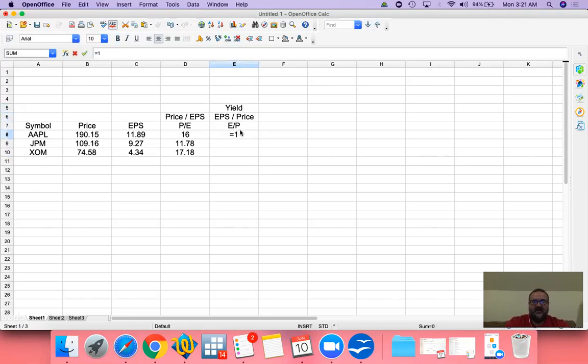Now, if we take 1 over the 16, which gives you 6.25% for Apple, and then 1 over the PE for JP Morgan Chase, which is 8.49, and then the same for Exxon is 5.82.